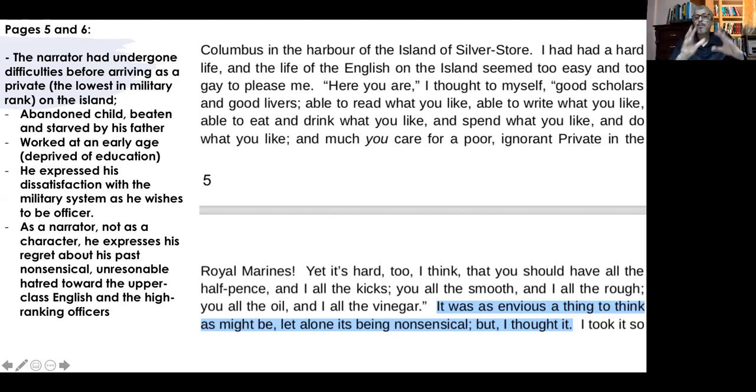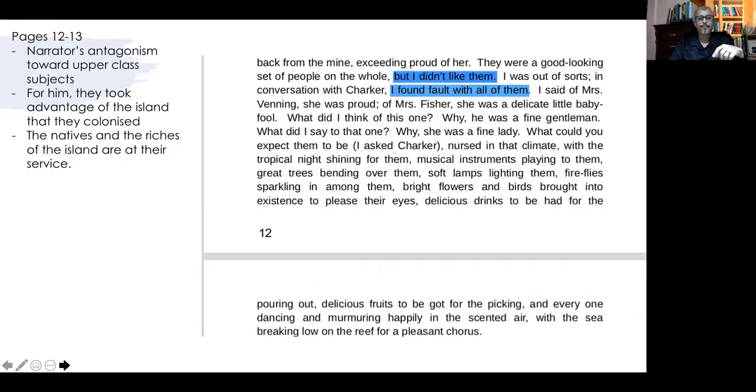What I mean by this: before being convinced that he should not feel that hatred, that antagonism, resentment toward the upper class people and higher ranking officers. And the after, the change that happened. When did it change? I'm going to talk about that later.